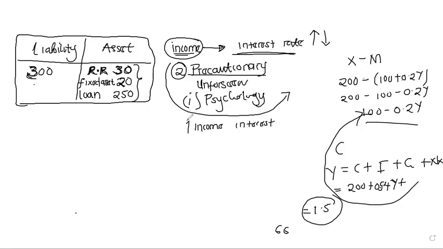So the higher the income, the more a person would love to keep money for speculative purposes, and the interest rates as well. If interest rates are high, obviously you'd love to not hold money, isn't it? If interest rates are low, then you decide to keep money. So this is for investment purposes when you look at the speculative motive.